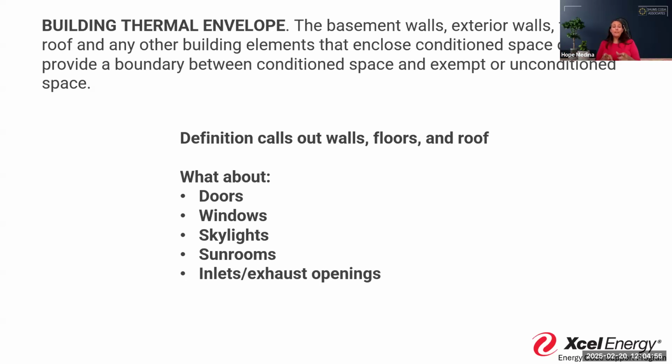But the one other thing that I want to bring to your mind is that we have inlet and exhaust air that's constantly being provided throughout our buildings with our mechanical systems and so forth. And so there are some things we have to think about, those types of entrances, those types of openings, and how do we address that when we start talking about the energy code.